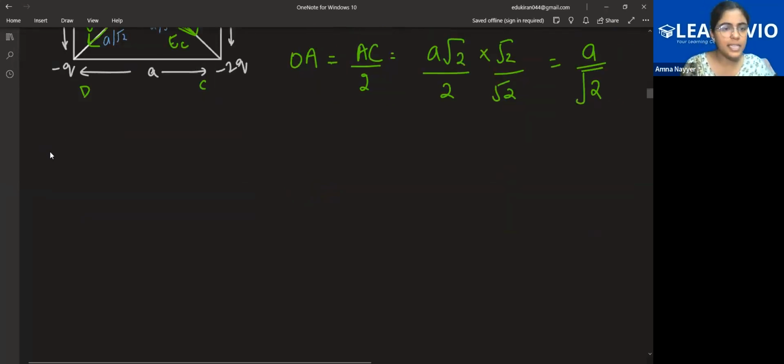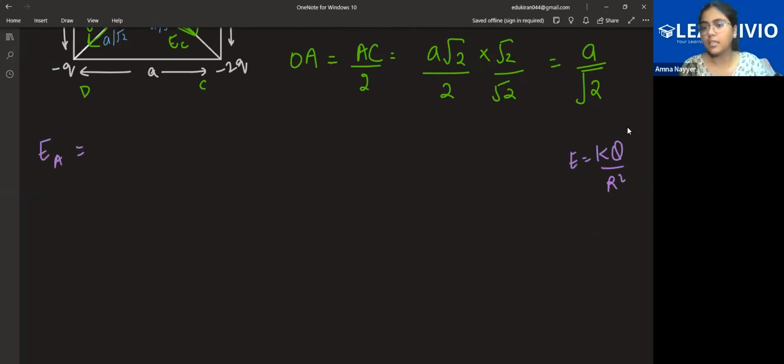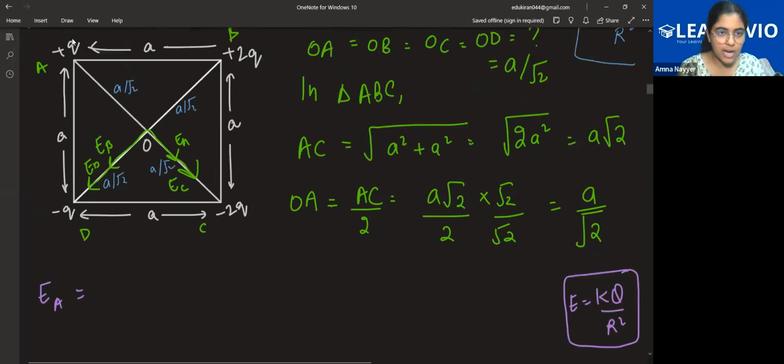What is EA? See, again, I'm telling you the formula: electric field E is equal to KQ by R square. Look at the figure. Point charge A, point O, their separation. So how will we write it? I am telling this question, so be careful right now.